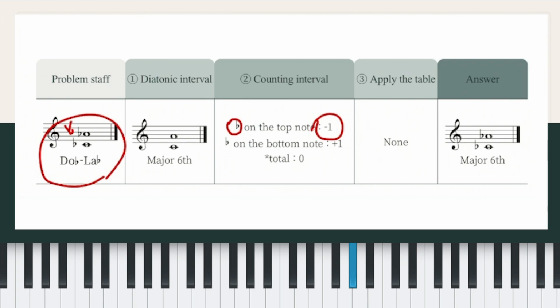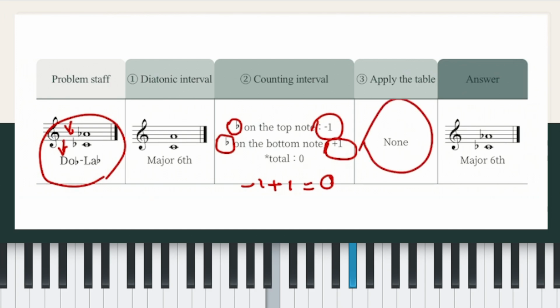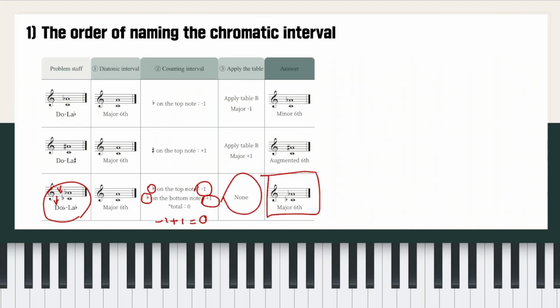And the flat on the bottom note, do, expanded the interval, right? So expanded means +1. So -1 plus 1 equals 0. So apply the table, there is no change, right? So do flat and la flat is a major sixth.